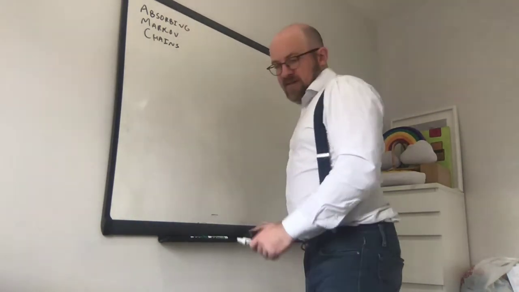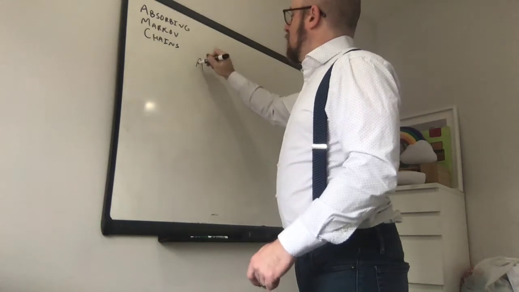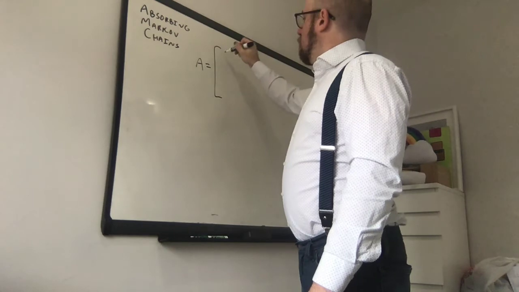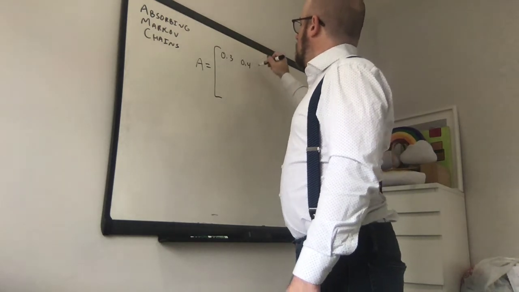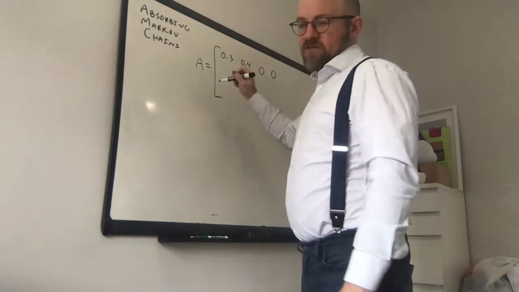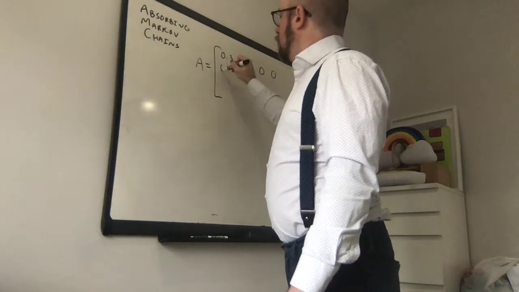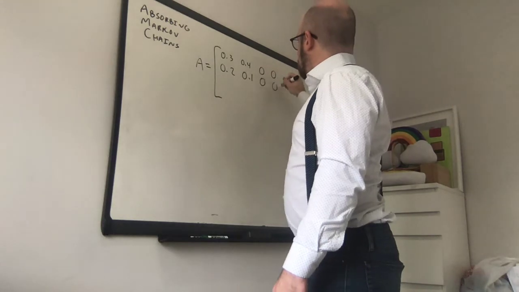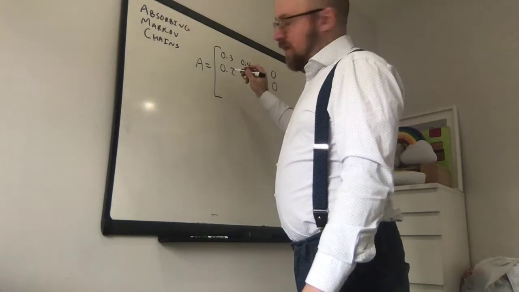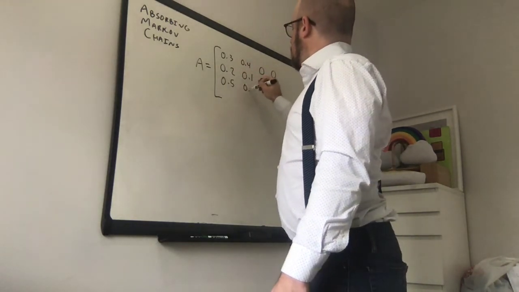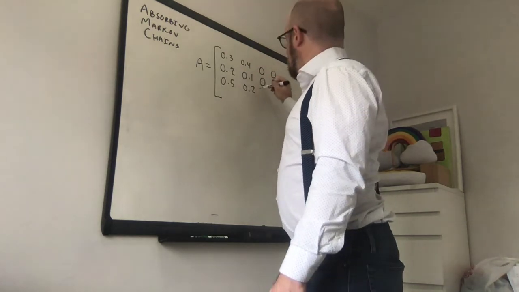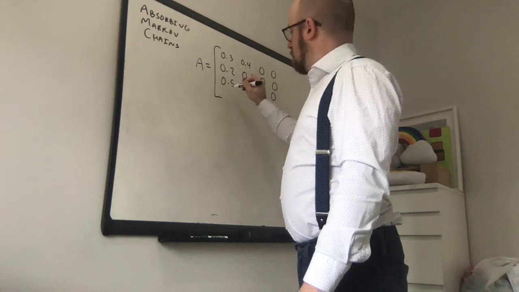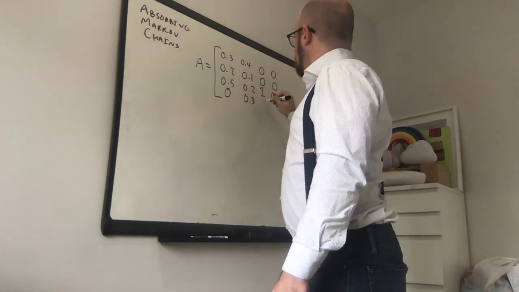So consider a Markov chain with matrix A equal to 0.3, 0.4, 0, 0. So 4 states now rather than 3. 0.2, 0.1, 0, 0, 0.5, 0.2, 1, 0, and 0, 0.3, 0, 1.